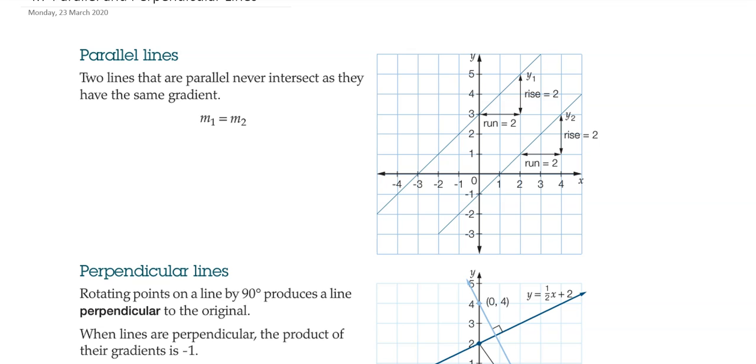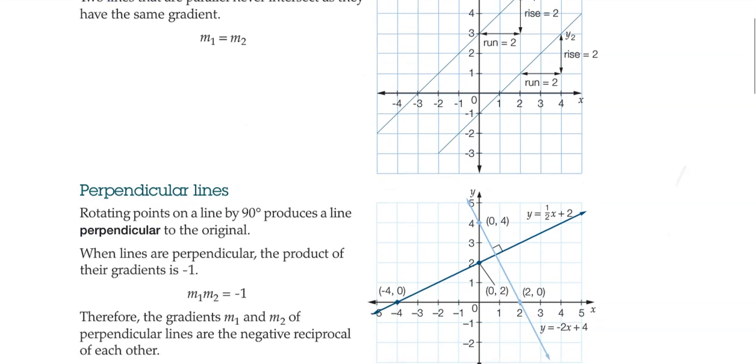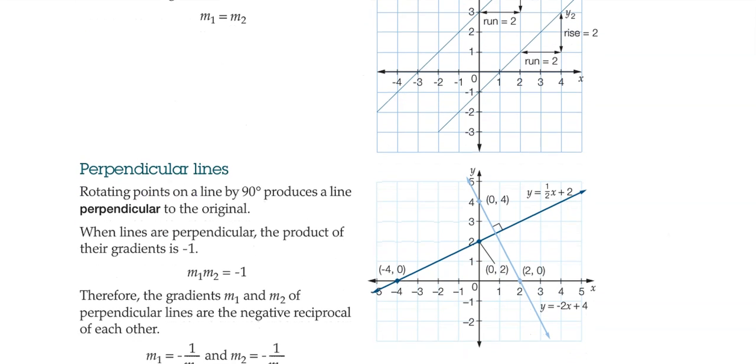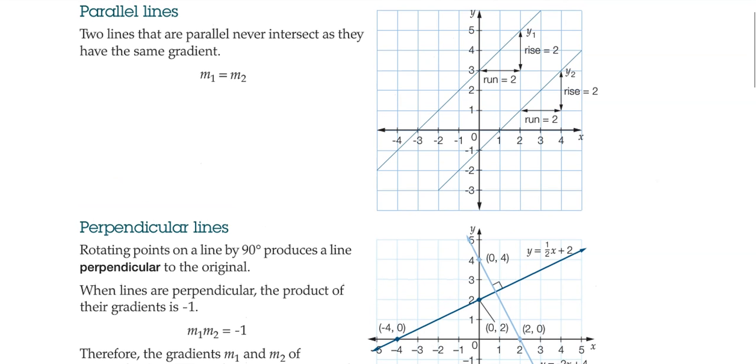Perpendicular, on the other hand, is a little more complicated. They cross once and then go further apart, never to see each other again. And the key part there is that where they cross is a 90-degree angle. So there's a very simple way of calculating that. With parallel lines, the two gradients are equal to each other.